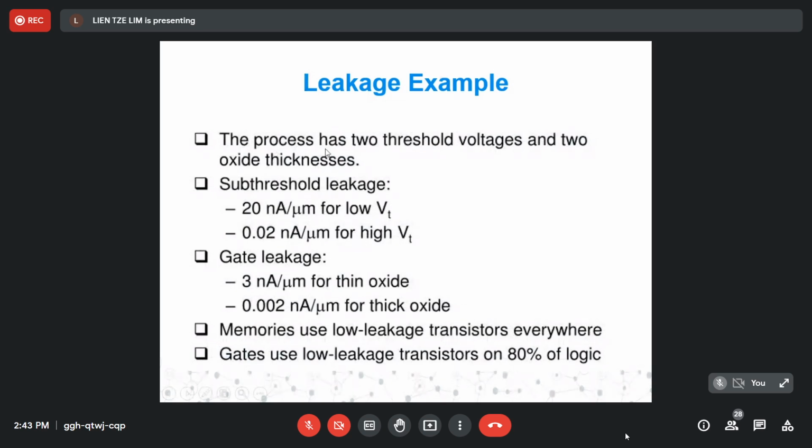The process has two threshold voltages and two oxide thicknesses. Two threshold voltages here, why? Because there is a PMOS and NMOS, so the threshold voltage is for these two transistors. And then two oxide thicknesses. This oxide thickness is the thickness of the oxide under the gate.